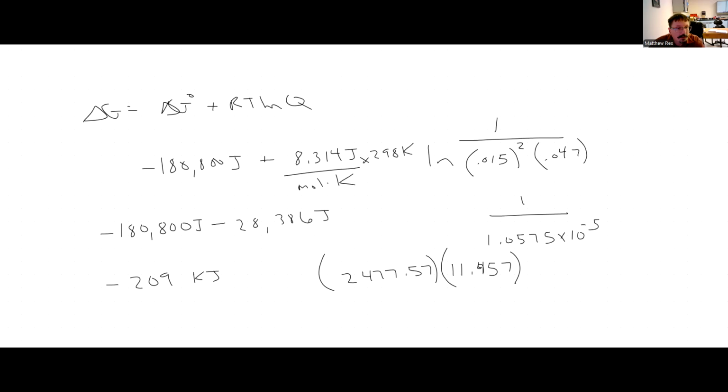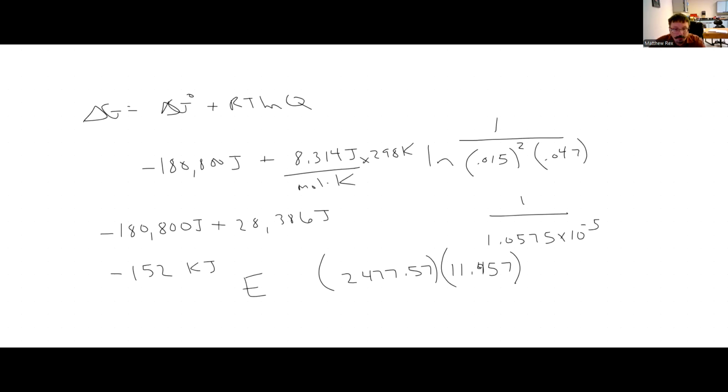So this should be addition, negative 152 kilojoules. It becomes less spontaneous. That should be answer E.